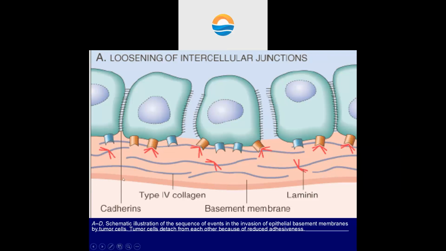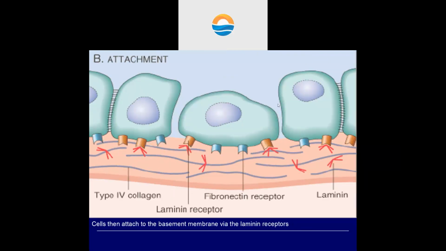Here you see cadherins, which help support adhesiveness to the neighboring cells. And when this cell has no connection with the neighboring cells, these cells then attach to the basement membrane via laminin receptors. Here you see the laminin receptors.